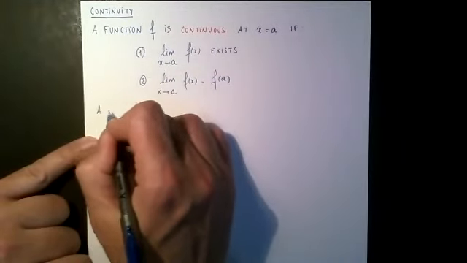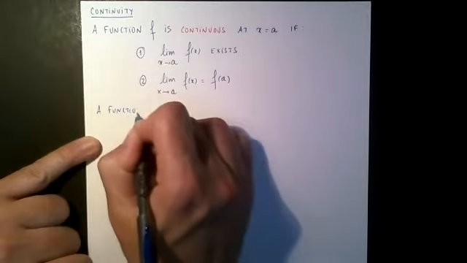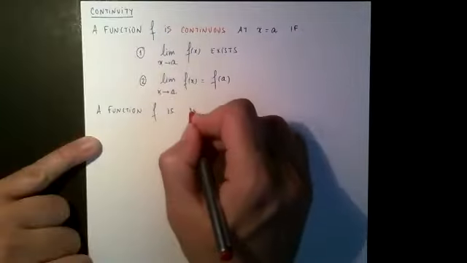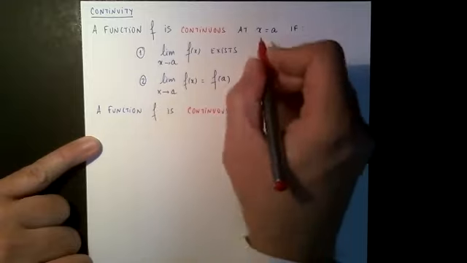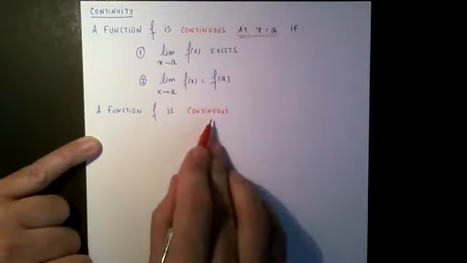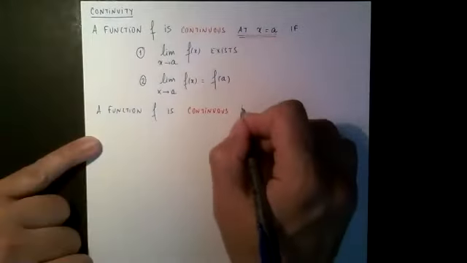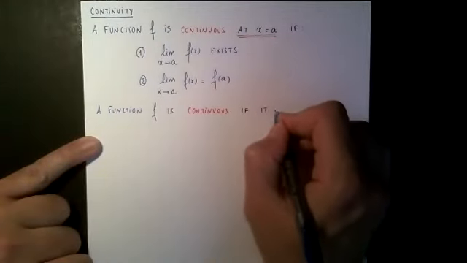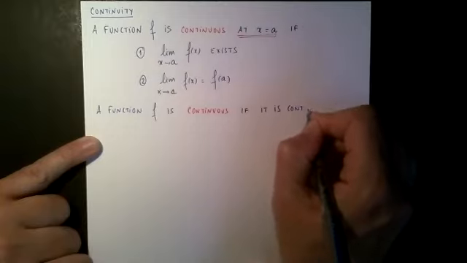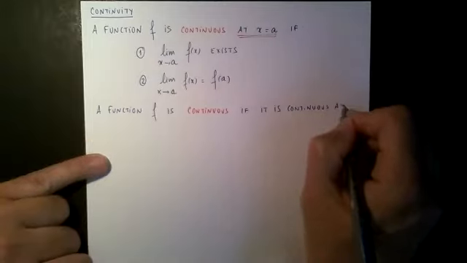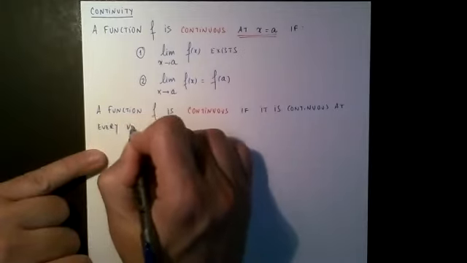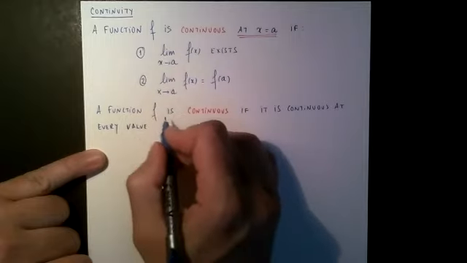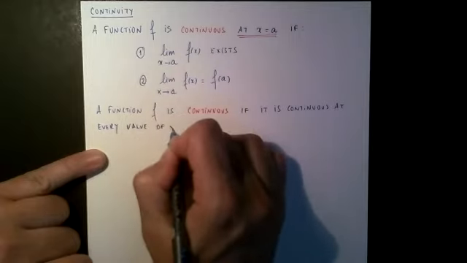So, and a function f is just continuous, not only at a. Okay, so this is continuous at a. So it's just continuous if it is continuous at every value of x.